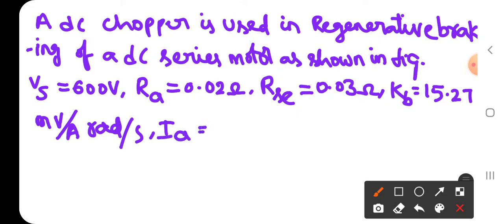The armature current is continuous and has negligible ripple.